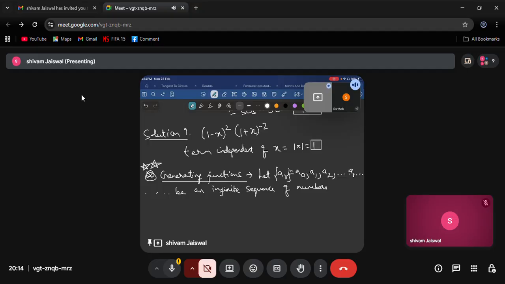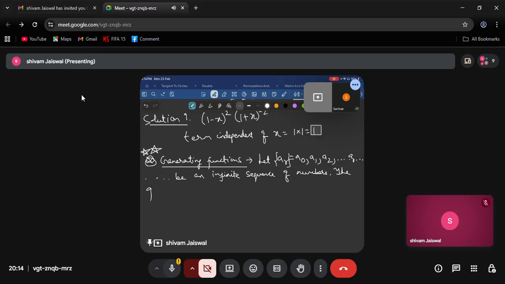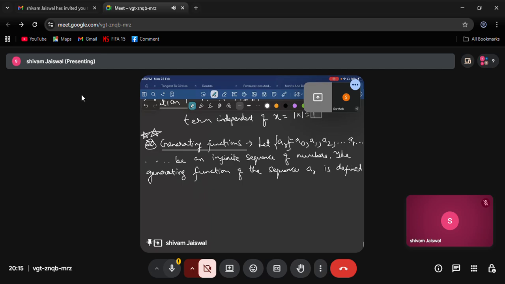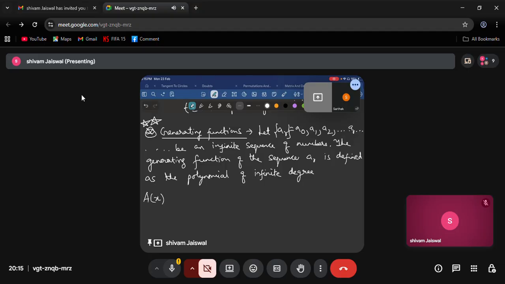And then the generating function of the sequence a_r is defined as the polynomial of infinite degree, A(x) is equal to summation of r equal to 0 to infinity a_r x to the power r.